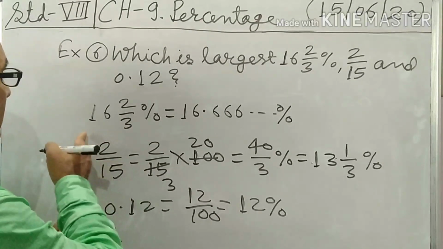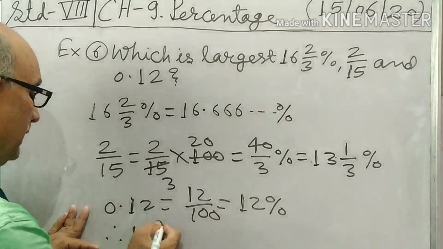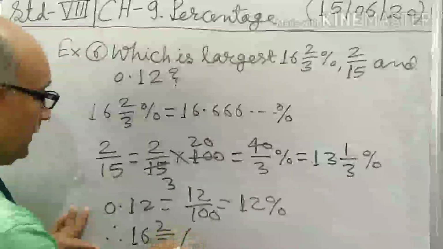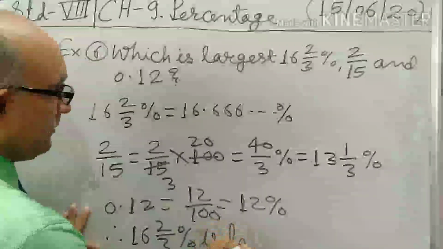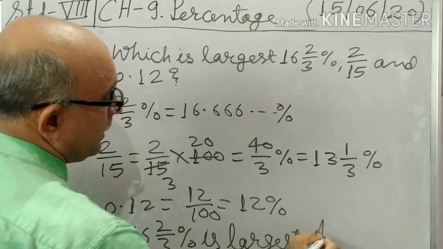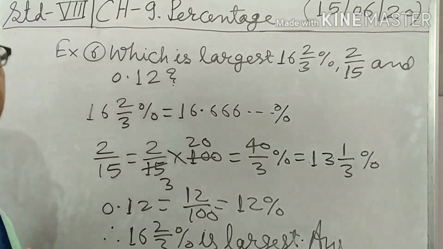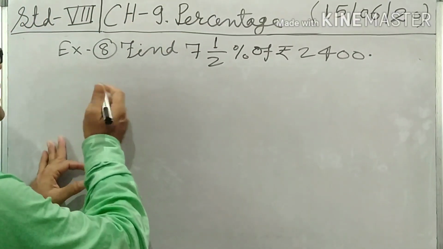Therefore, clearly 16 whole 2 by 3% is largest. Answer. Write it.